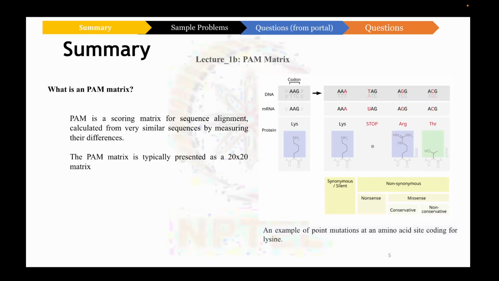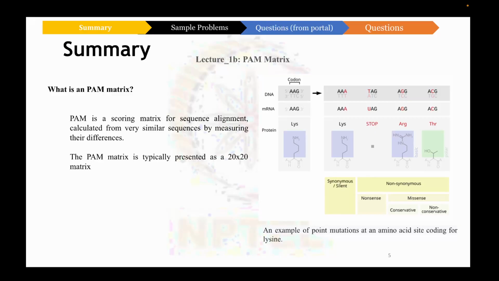Then we have missense mutations. Under missense mutation we have conservative and non-conservative mutations. A conservative mutation is one in which the amino acid substituted has similar properties to the original amino acid, similar chemical properties in the sense of, for example, size, charge, or hydrophobicity.